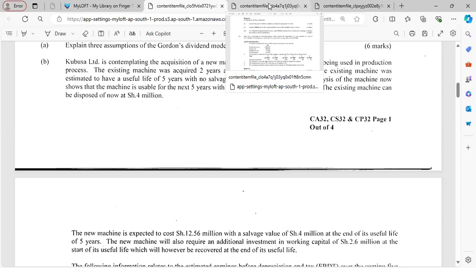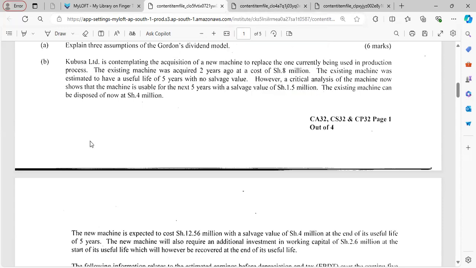Kubusa Limited is contemplating the acquisition of a new machine to replace the one currently being used in the production process.